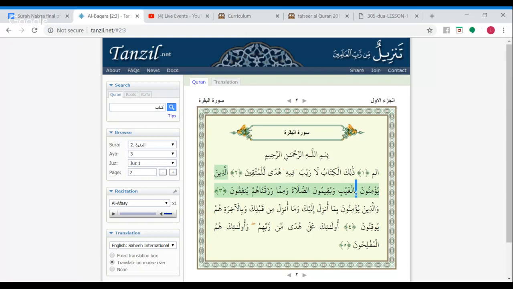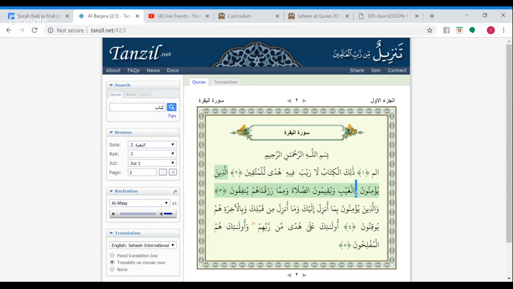Ba, ta, kaf, lam, min, fi, an, ala, hatta, ila, these are harf jar. So the ba is attached, and that ba is making al-ghaib majroor. That is why it is bil ghaibi, not bil ghaibu or bil ghaiba. So bil ghaibi. What can be the translation? With the unseen or in the unseen.